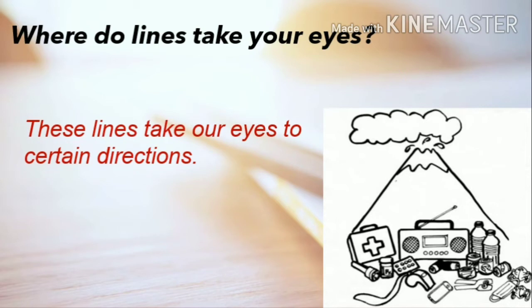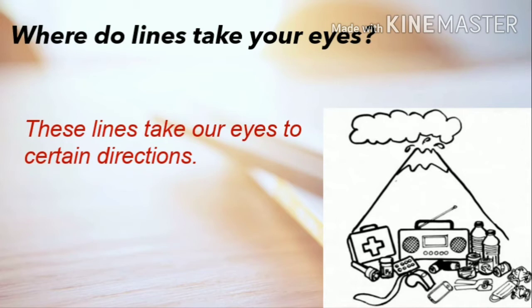Other lines take our eyes upward, others downward, or maybe sideward. However, aside from those, we can also say that these lines take our eyes to greater or deeper understanding and meaning of the image.